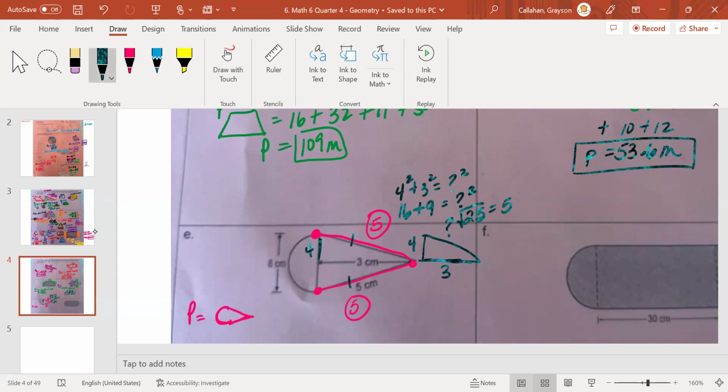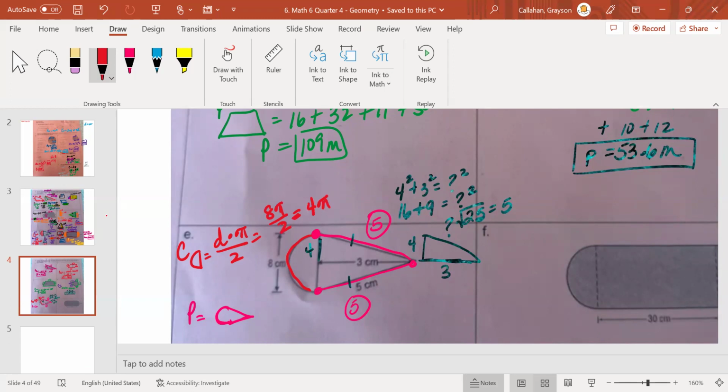So then to find this weird little curvature right here, it is going to be the circumference, but it's half of a circle, right? Circumference of half of a circle is going to be diameter times pi divided by 2, because there's half, right? The diameter is 8. Half of 8 is 4 pi.